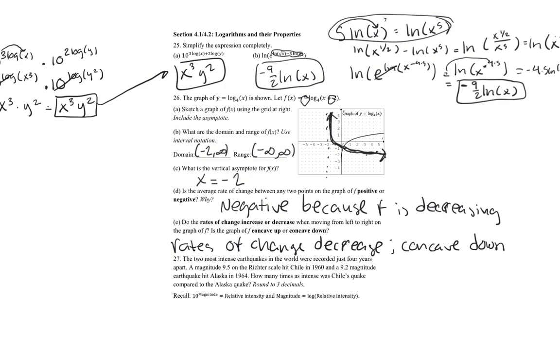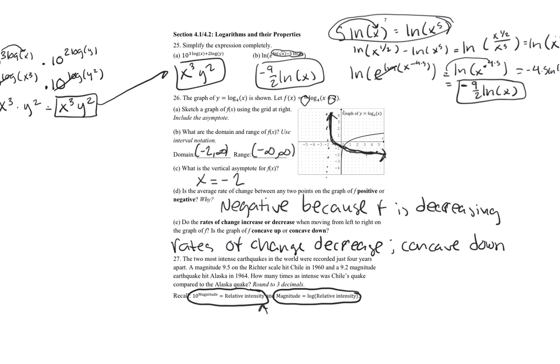Okay, and it gives us 2 helpful equations right here. It gives 10 to the magnitude is equal to relative intensity, and also magnitude is equal to the log of relative intensity. For this, it's asking how many times as intense was Chile's quake, so we're going to use this first equation to solve for intensity first.